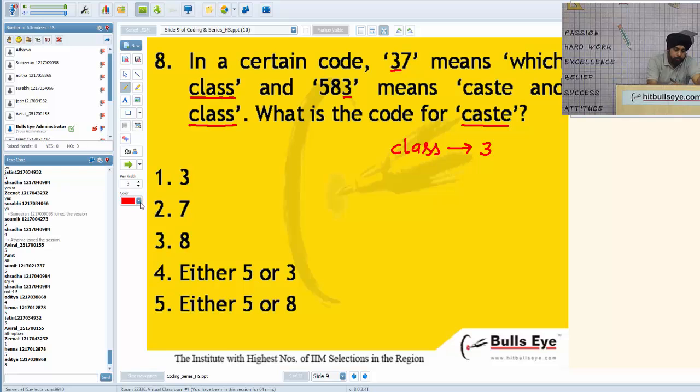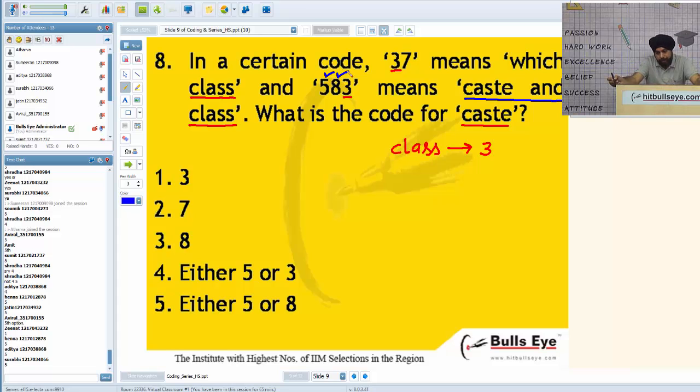Mind it, you cannot answer it directly as there are two words still left, caste and and, and there are two codes left, which are 5 and 8. So any of those two could stand for any of caste or and. So the answer shall become choice number 5. It is clear to all of you.